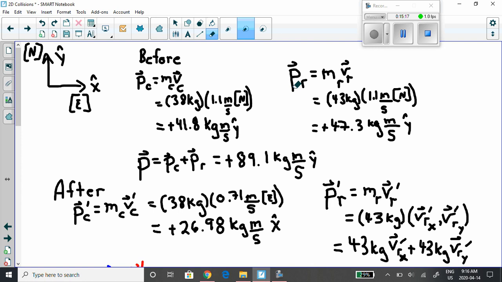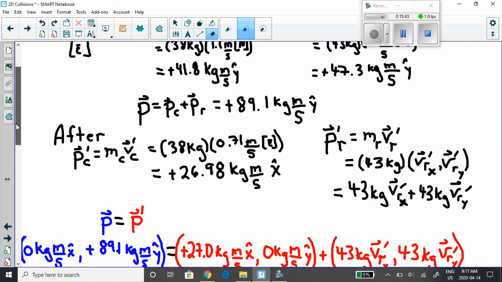And here is the momentum of the raft before the child starts to walk. It's all in the y hat, right? The reason they're both in the y hat is the child is just standing on the raft, and together the child and the raft are moving in the y hat or north direction. So we add these two together as the equation says, and here is the momentum before the child starts to walk.